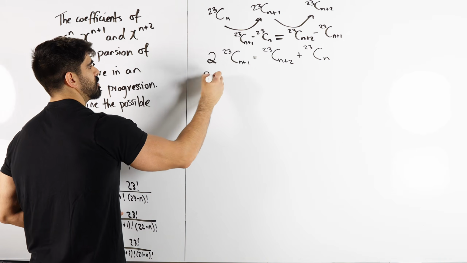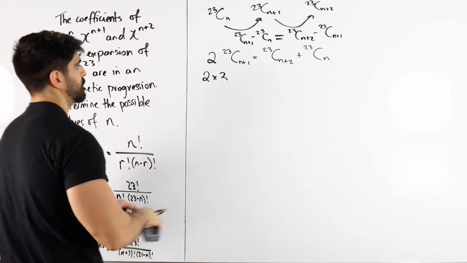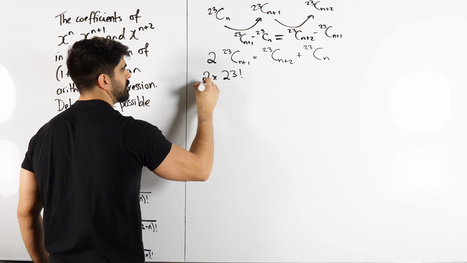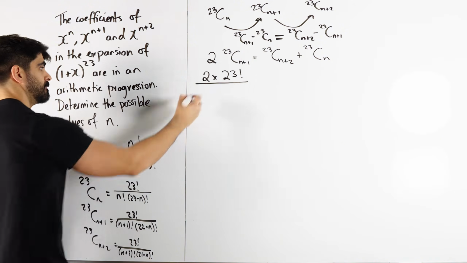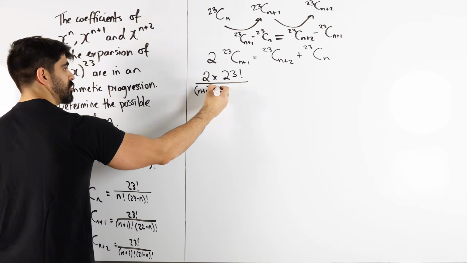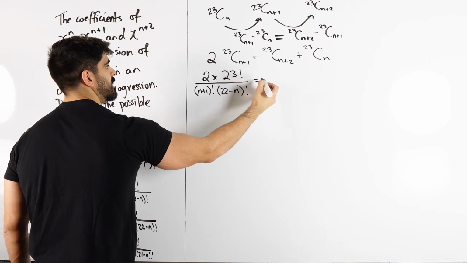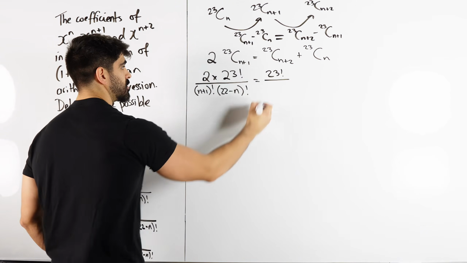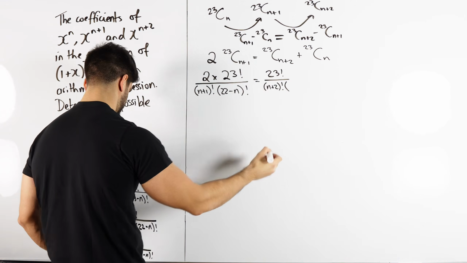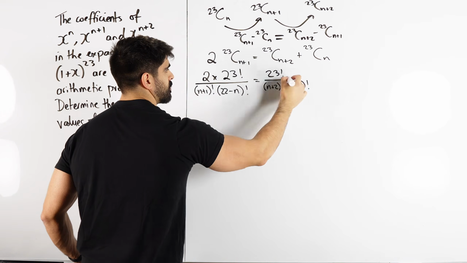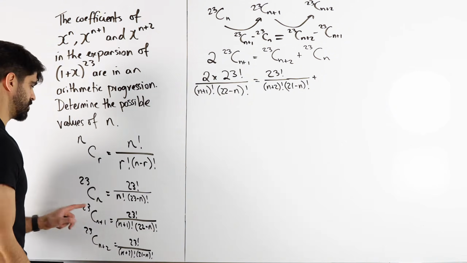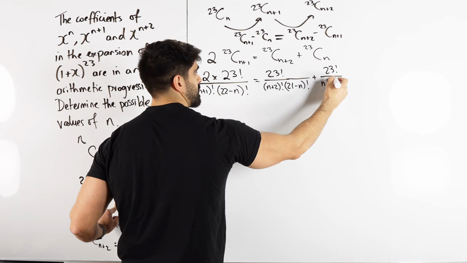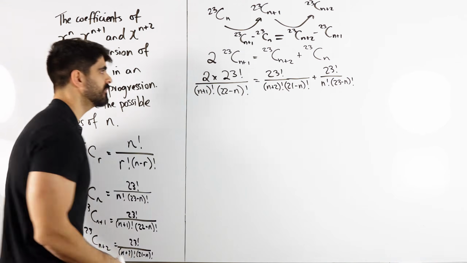I'm literally going to say 2 lots of 23, not 3. 2 lots of 23 factorial over n plus 1, 22 minus n factorial is equal to this bottom one, 23 over n plus 2 factorial, 21 minus n factorial, and the 23 choose n, which is the nice and simple 23 factorial over n factorial, 23 minus n factorial.